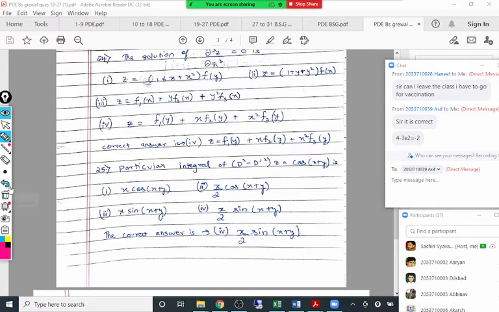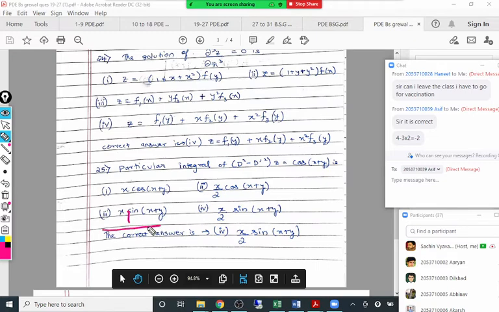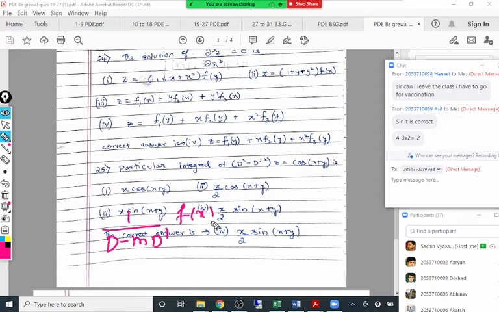We've seen this term. The general method says apply this factor d minus md dash. D minus md dash of f(x) is e raised to mx integration of e raised to minus mx f(x) dx, something like that. So it is not only x, it is f of x comma y.